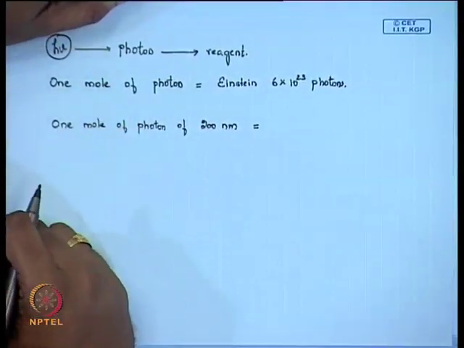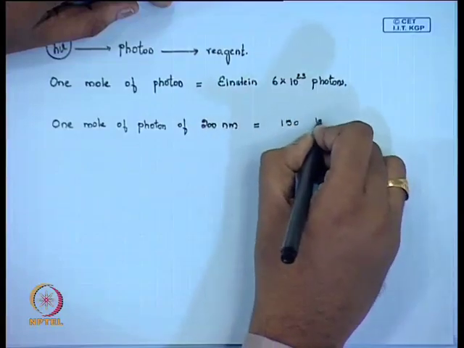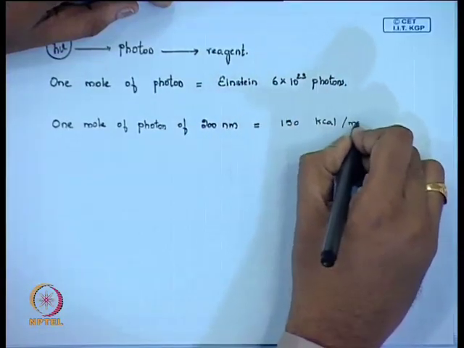You can easily calculate, because you know the formula E is equal to h nu. With that you can calculate, and it normally comes to 150 kilocalories per mole.